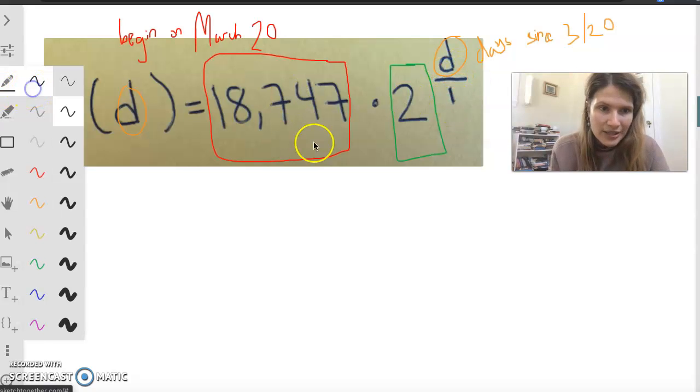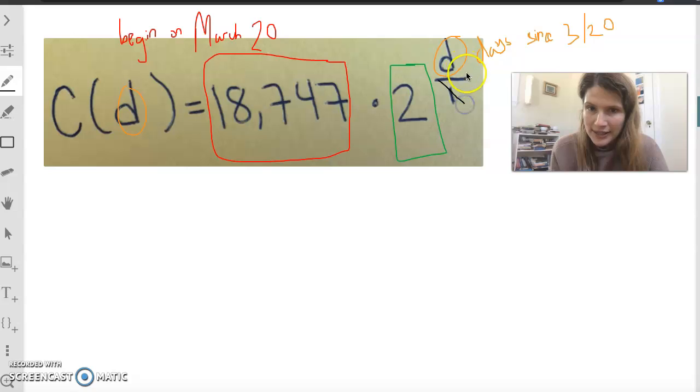So I'm going to cross this out so we don't get confused later when we're calculating. She could have just written her equation as 18,747 times 2 to the power of D. It would have meant the same thing. Nice, clean, simple. I like it.